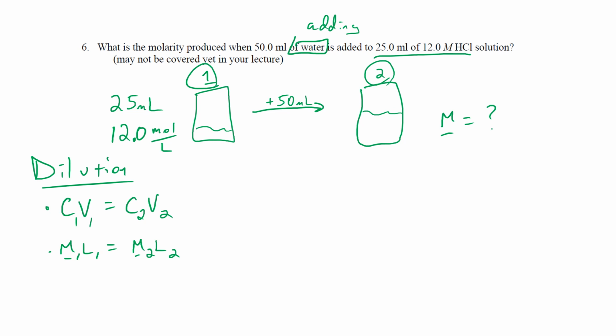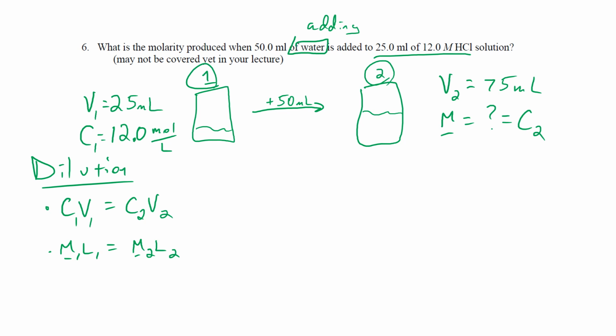All right, so I can look at it and say, well, 25 milliliters, that's a unit of volume. So this must be a concentration I want to figure out, my concentration here at the end. So what's my V2? Well, I have 25, I add 50, and so I get 75 ml.